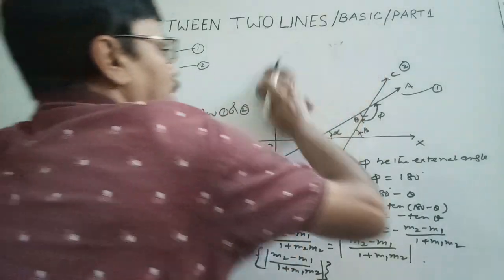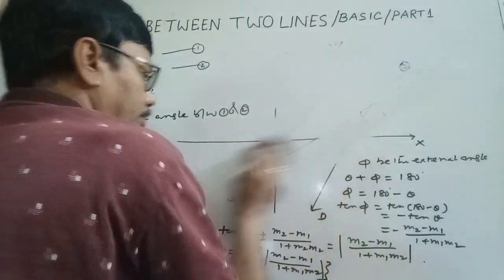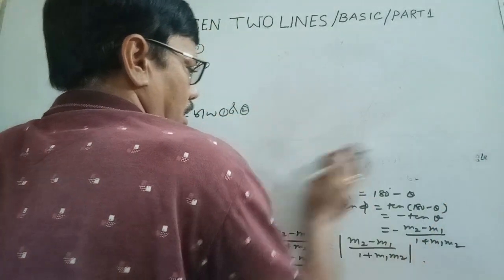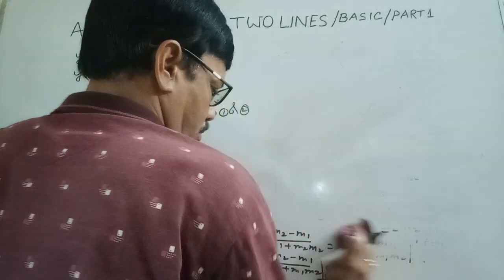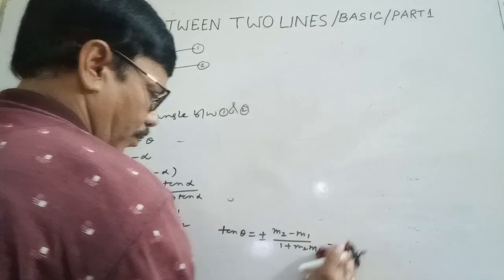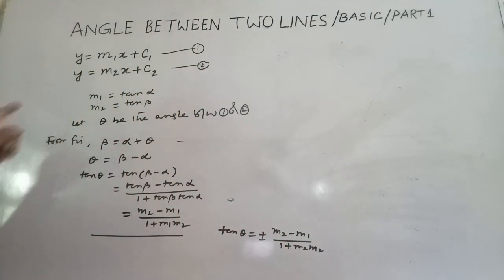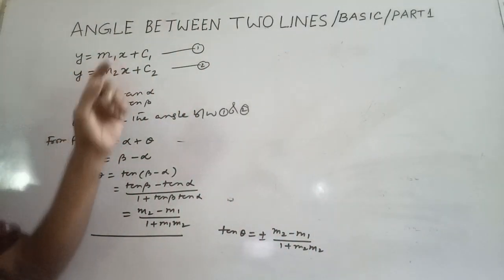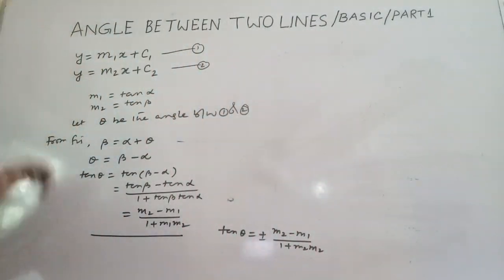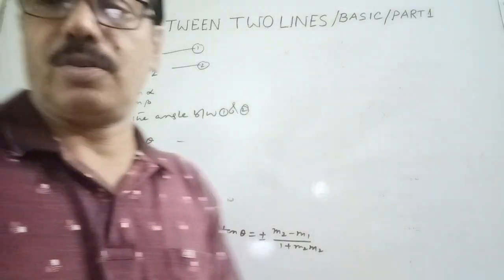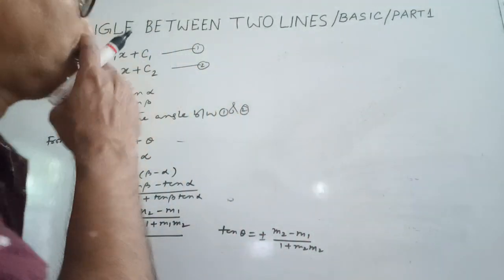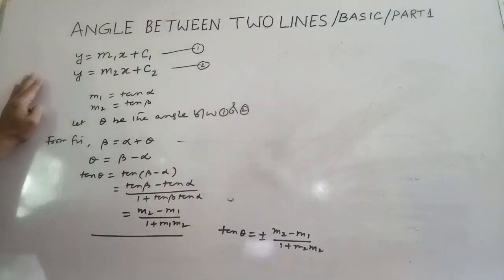Now, two lines are y equals m1x plus c1, y equals m2x plus c2. To find the angle between two lines, you have to know how to find the slope of a line.